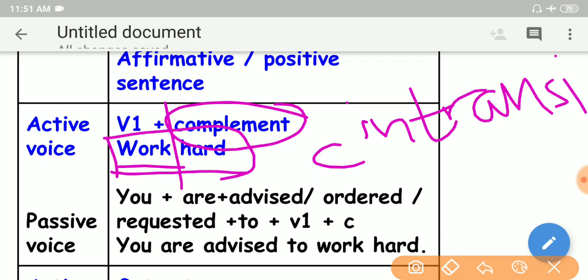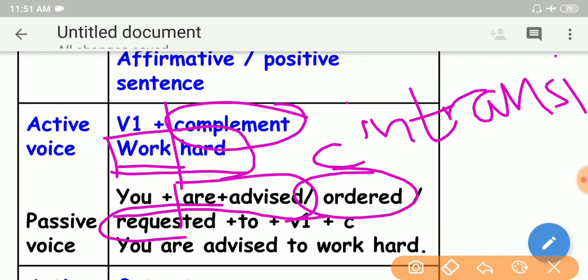Intransitive means a verb which does not have any object. In such cases we can convert it into passive voice like this: you are advised, ordered, requested, like that can be used, plus to plus v1, that means to-infinitive should be used, plus complement.